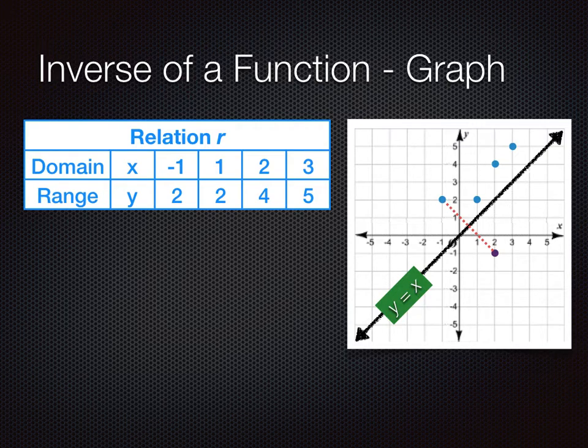And we'll look at the next ordered pair in our function. We'll draw that distance to the line y equals x and its mirror image on the other side, and there's our point, which is the inverse of (1, 2). Now let's find the inverse of (2, 4).